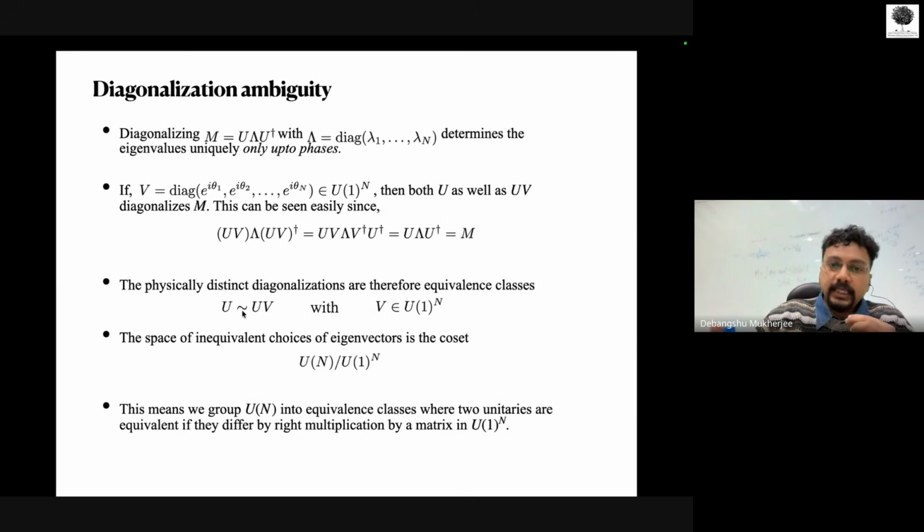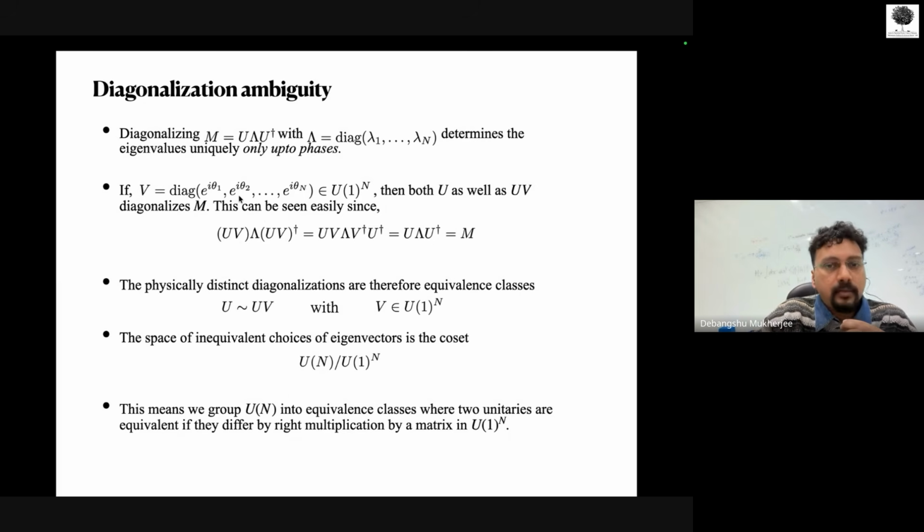So the physically distinct diagonalizations form an equivalence class. If I start with a U and multiply it with some other matrix which is an element of U(1)^n, I'm going to consider them to be the same. So at the end of the day, the space of inequivalent choices for the eigenvectors is this coset, which is U(N) quotiented out by U(1)^n.